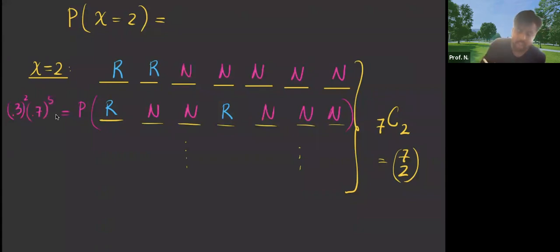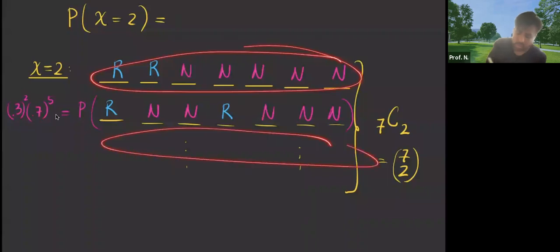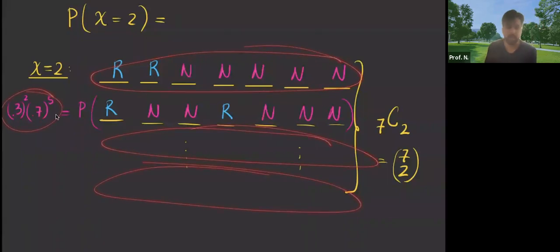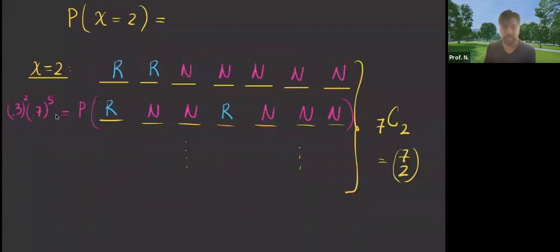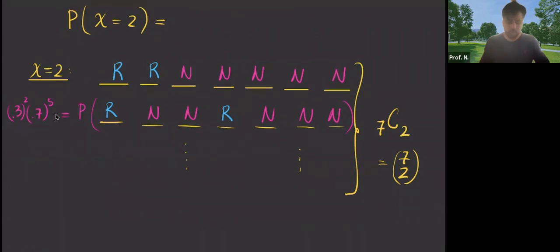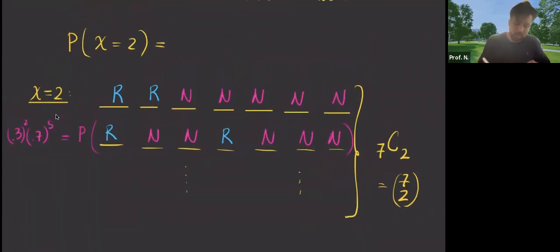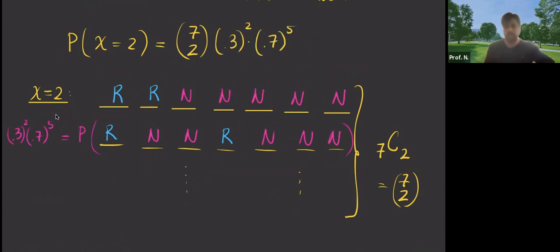And the idea is that each of these outcomes has the same probability. How many of those outcomes do I have? I have 7 choose 2 of them. So what's the overall probability that I have 2 days out of the 7 days that it rains? Well, that probability is 7 choose 2 times 0.3 squared times 0.7 to the 5th power.